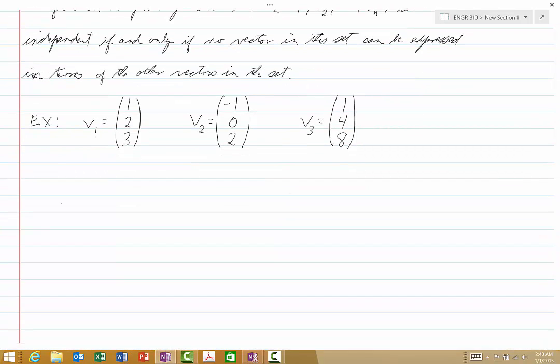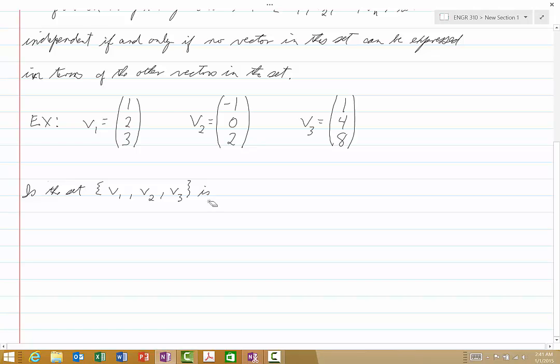Now, rather than just telling you the answer, let's ask: is the set v1, v2, v3 linearly independent?